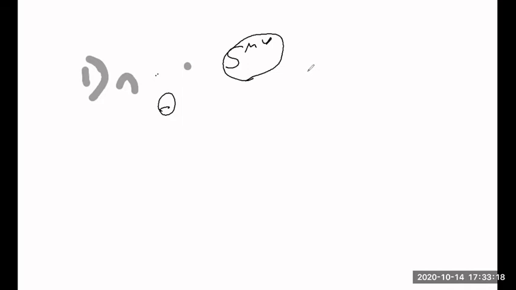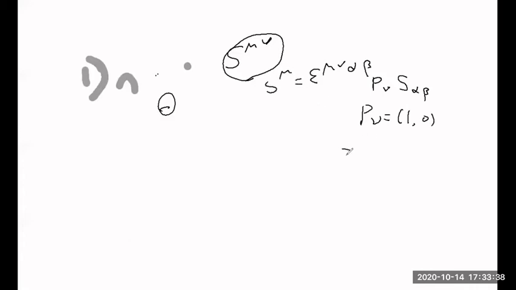In the case of the Pauli-Lubanski vector, we have epsilon mu nu alpha beta p nu S alpha beta, and if p nu is (1, 0), then only the vector component survives.